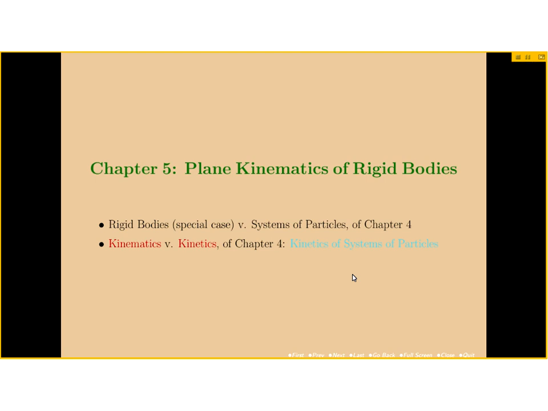And if chapter 4 deals with the kinetics of systems of particles, it really means that chapter 4 applies Newton's second law to systems of particles. Now, how is this different from what you've done before?